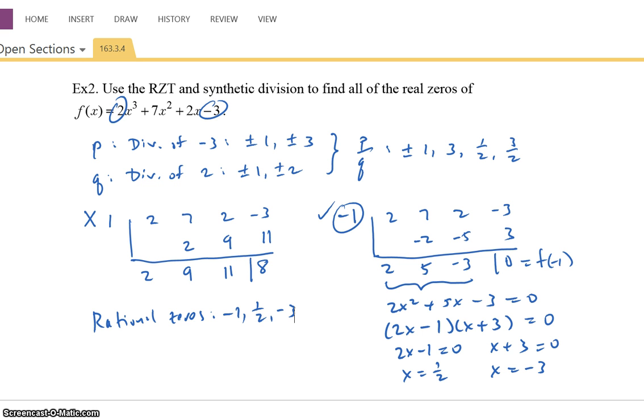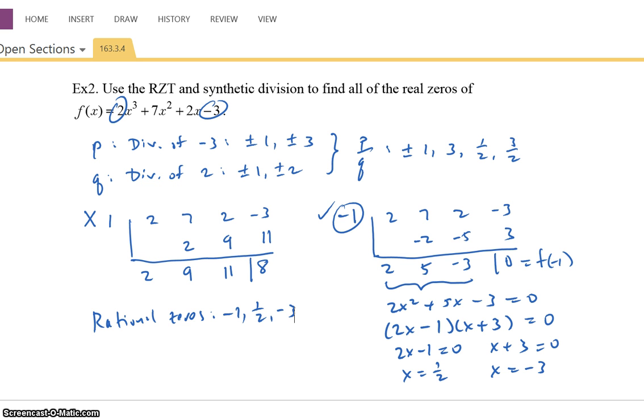The second thing is that with a third degree polynomial, if you can find one rational zero, then the remaining zeros can be found by solving a quadratic equation, because the quotient that you're going to obtain, in this example 2x squared plus 5x minus 3, you're going to be able to find the remaining zeros either by factoring or perhaps using the quadratic formula.